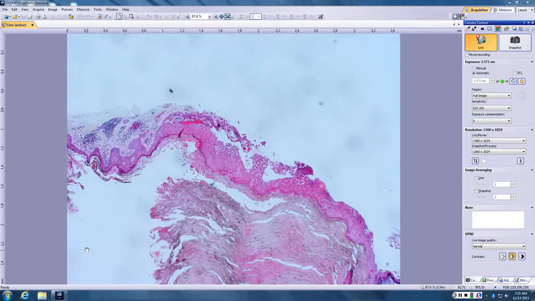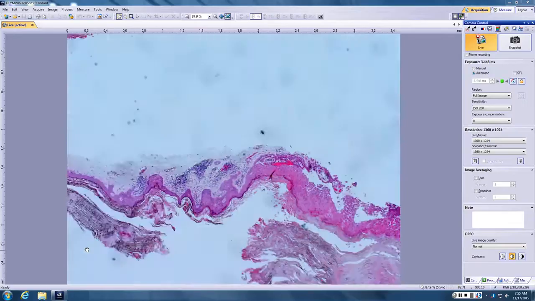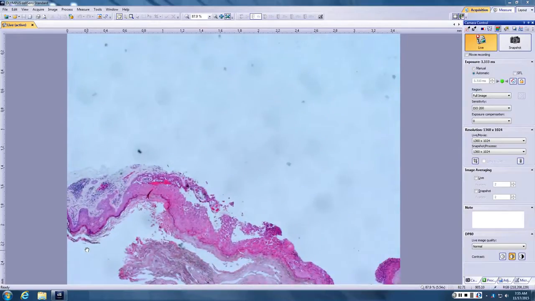So we have a really thickened stratum corneum. It's mostly orthokeratotic. Looks like maybe this could be like the roof of a blister, perhaps. Yeah, so you definitely have a big orthokeratotic horn sitting on top of something.